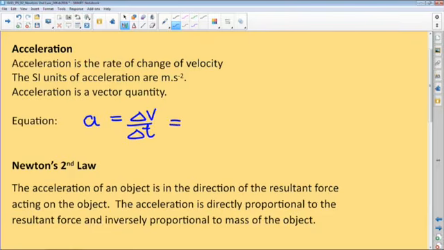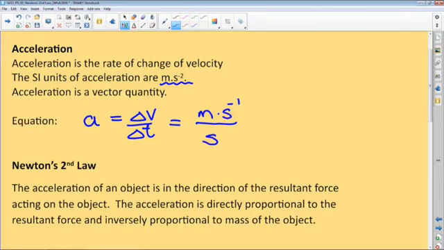And just to help you remember the units of acceleration, I'm going to put the units in. What are the units for velocity? The units for velocity are meters per second, and the units for time are seconds.